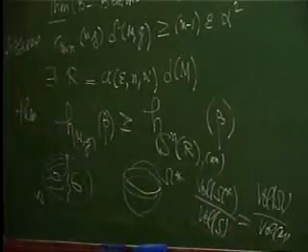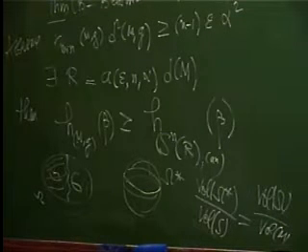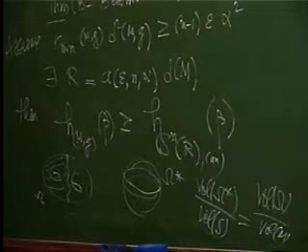Okay, so this tells you that you compare the isoperimetric properties of the manifold M with the properties of a sphere. And the sphere is nice because that's a two-point homogeneous space.